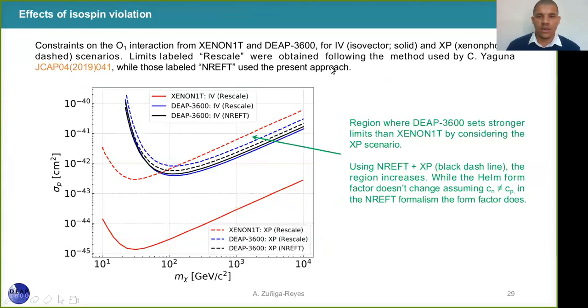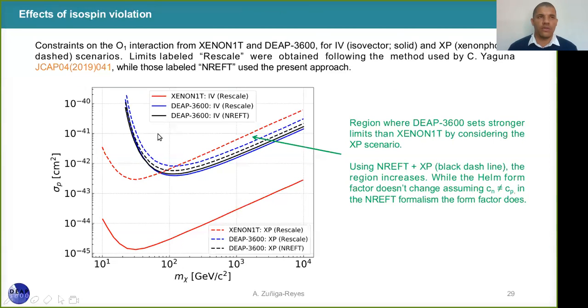And one of the last slides of results is this one that shows the effect of the isospin violation. We set constraints on the O1 interaction for two experiments, the Xenon 1 ton and DEAP, considering the isospin violating scenarios. Here, the limits rescaled were obtained using the method provided by Carlos Yaguna in this paper.